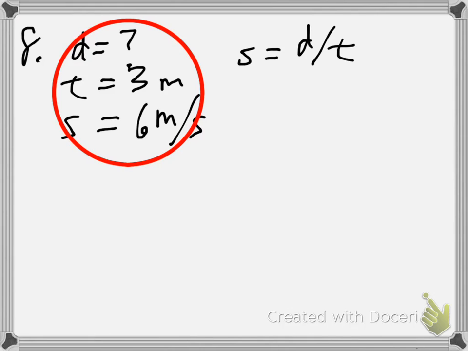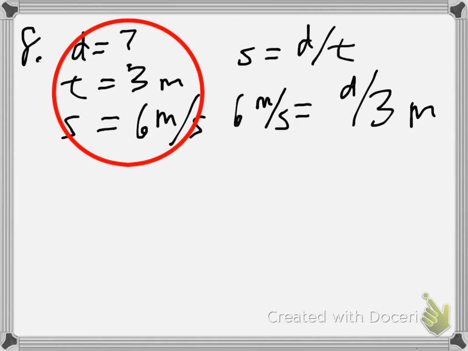So the distance is the thing that we don't know. So speed equals 6 meters per second equals d divided by the time here, which is 3. That should be seconds. Let me erase that. So now, the distance is being divided by 3 seconds, so I want to multiply by 3 on both sides.